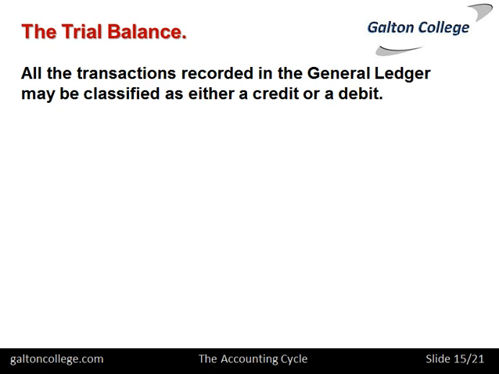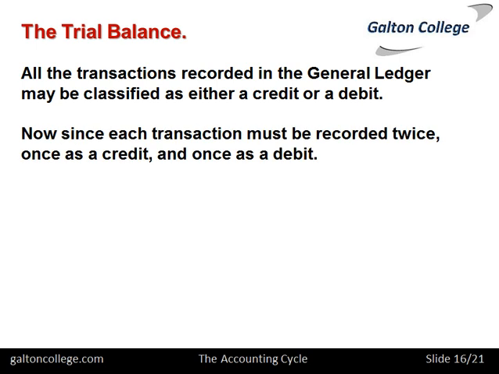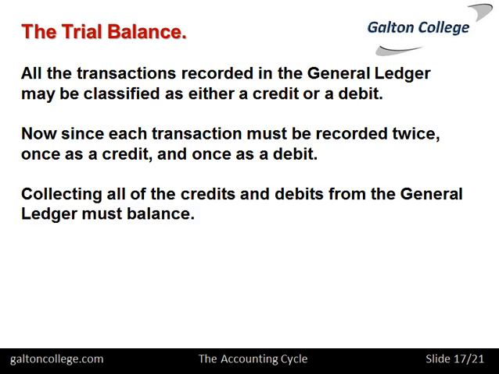Now, this idea of a trial balance. All the transactions recorded in the general ledger may be classified as either a credit or a debit. Now, since each transaction must be recorded twice, once as a credit and once as a debit, therefore, collecting all the credits and the debits from the general ledger, they must balance. So all of them must balance, and that's called the trial balance.